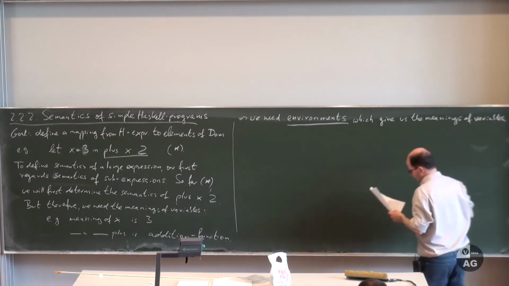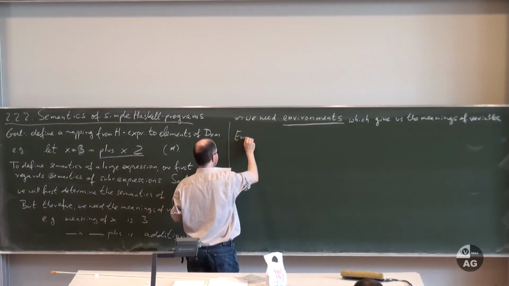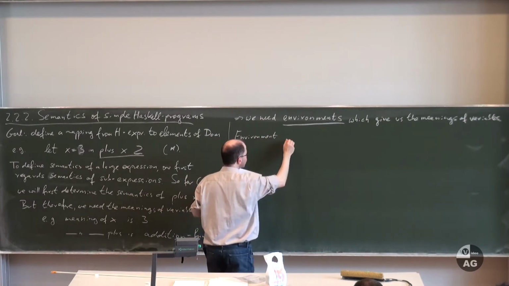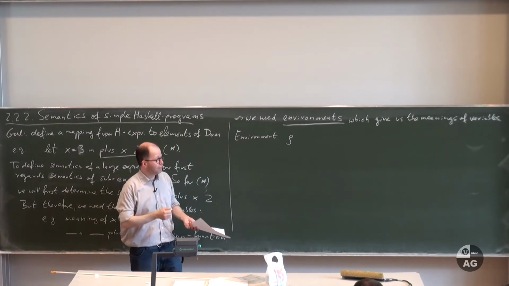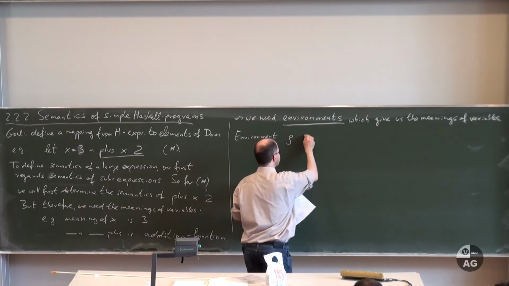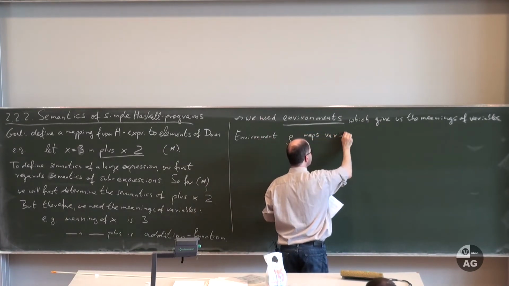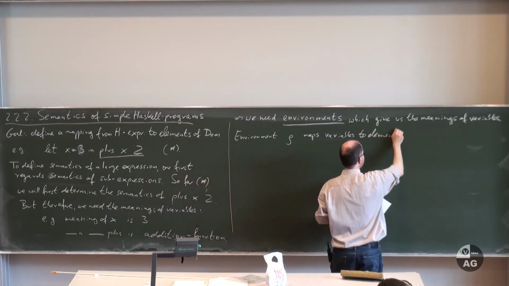So in other words, an environment, we typically denote these environments by Greek letters like rho. So an environment rho simply maps variables to elements of DOM.